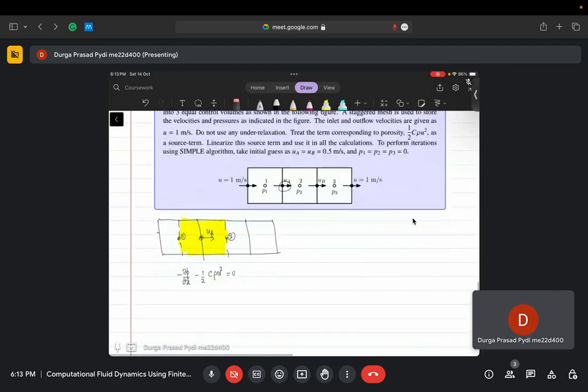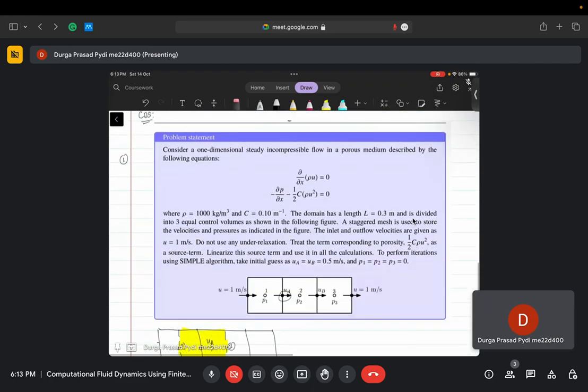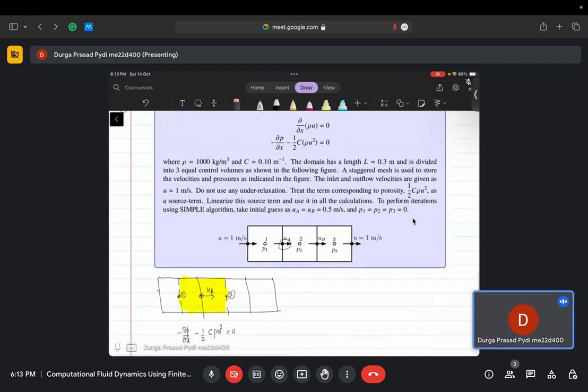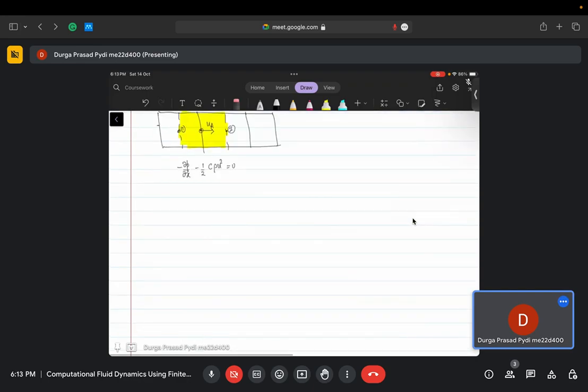So the question asks you to consider this as your source term. So if this is my source term, the first step is to, again, linearize it. So how do you linearize your source term?